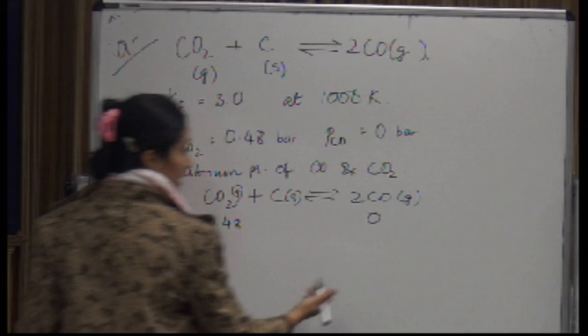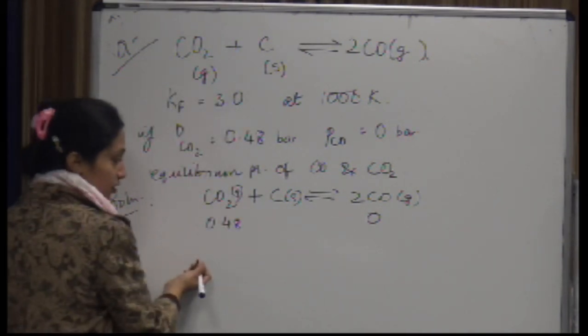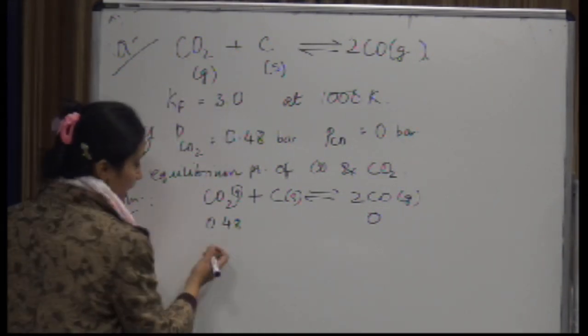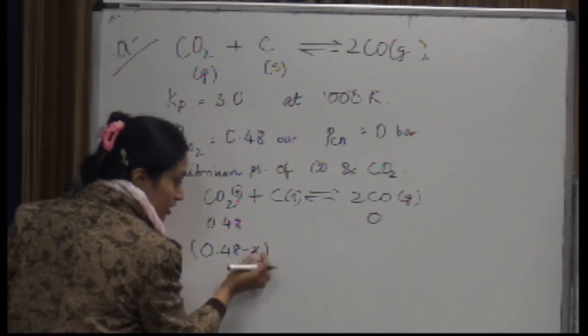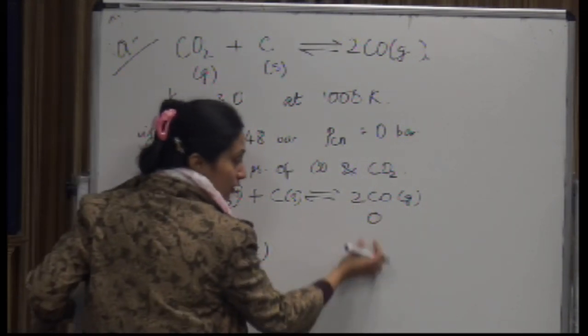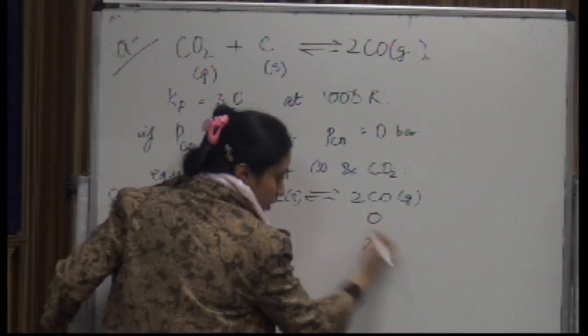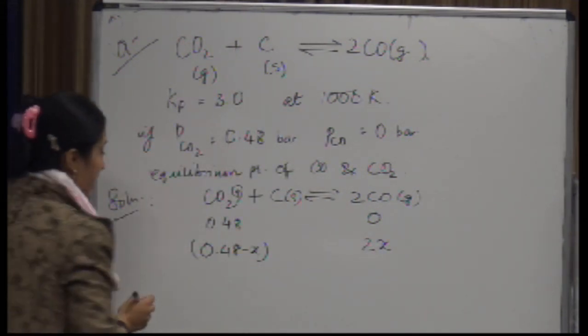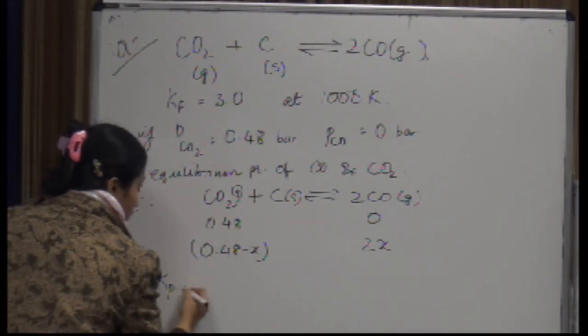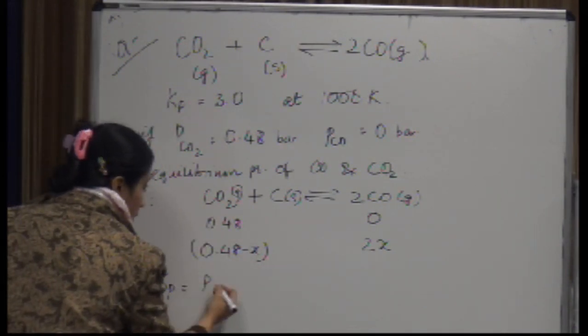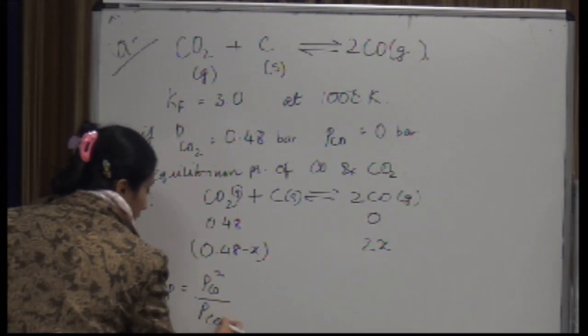Now you tell me if X moles of this are reduced, if X is the extent of the reaction, that means 0.48 minus X, और जितने मोल्स यहाँ reduce हुए हैं उसका double. 2x. So 2x will be formed. Alright, and then write down the expression of Kp. Now you know Kp will be equal to pressure of CO whole square upon pressure of carbon dioxide.